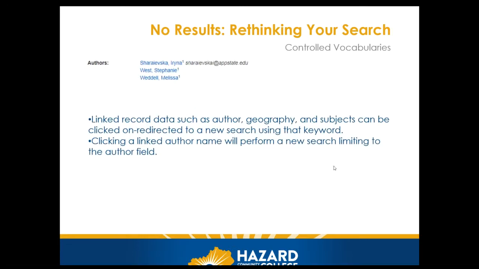The author names are also linked, so if they have multiple publications, multiple articles that they've written, if you like an author, and scholarly authors tend to write along the same topics, so you might be able to find more resources by that same author. You can certainly click into their author name and search for more things by them.